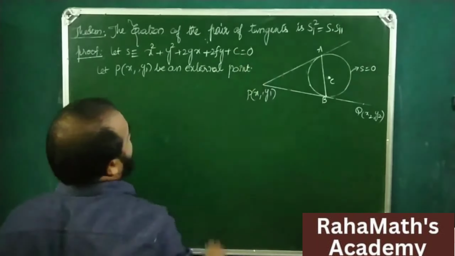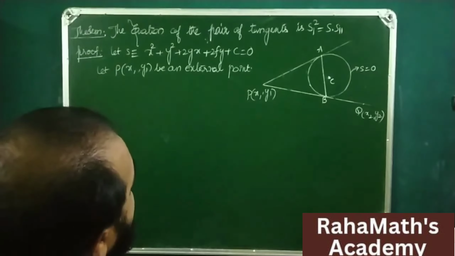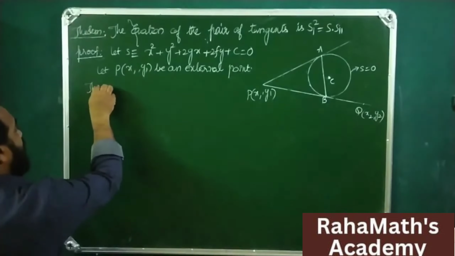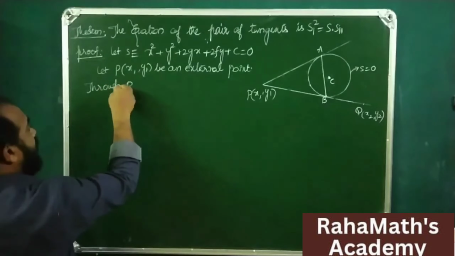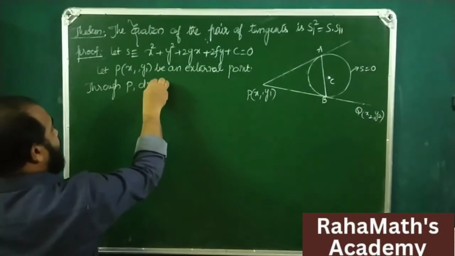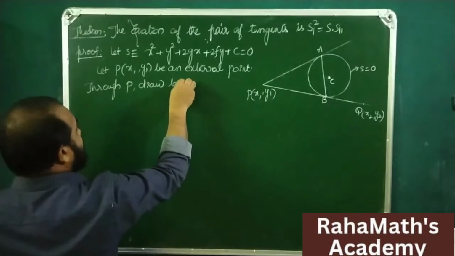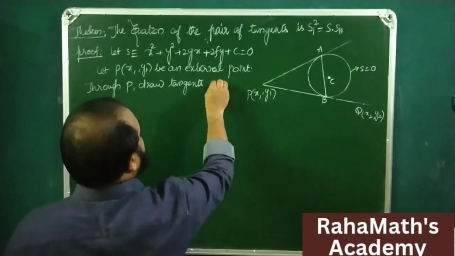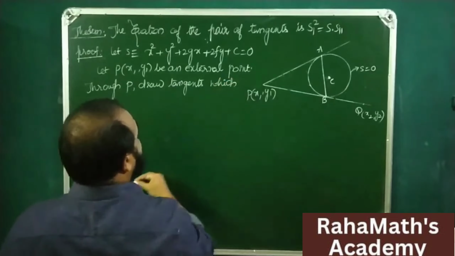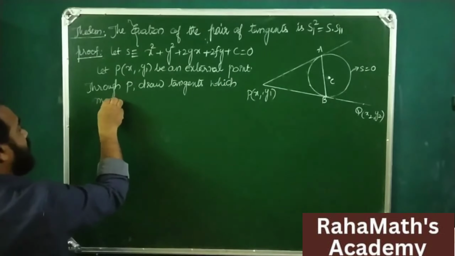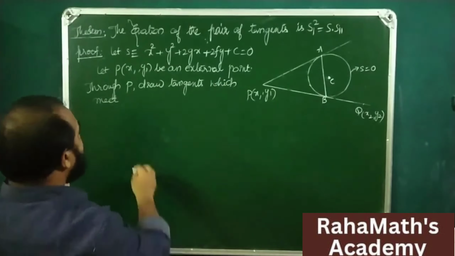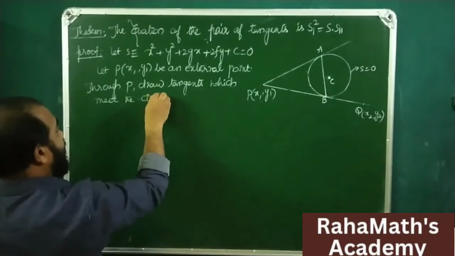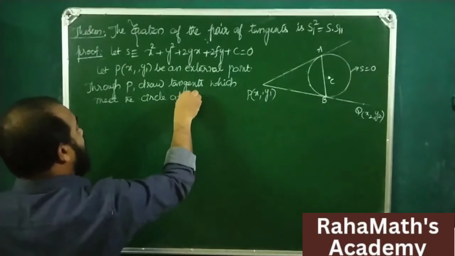Through P, draw tangents which meet the circle at A and B.